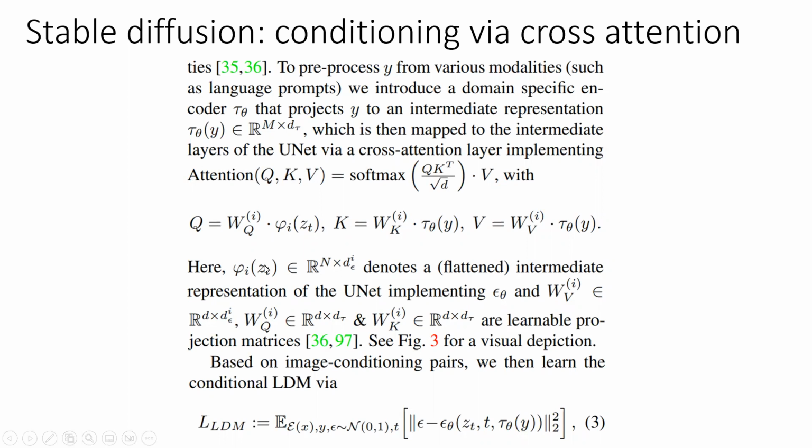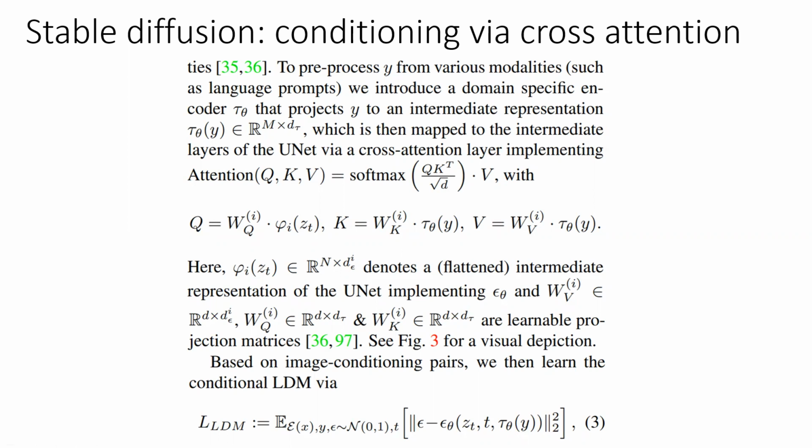The activations from our UNet, phi sub I of ZT, will be our queries, which will then incorporate information from tau sub theta of Y. So K and V will come from tau sub theta of Y, and our query Q will come from our UNet phi sub I of ZT.